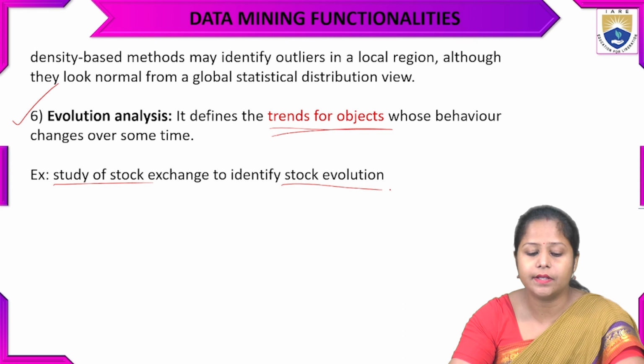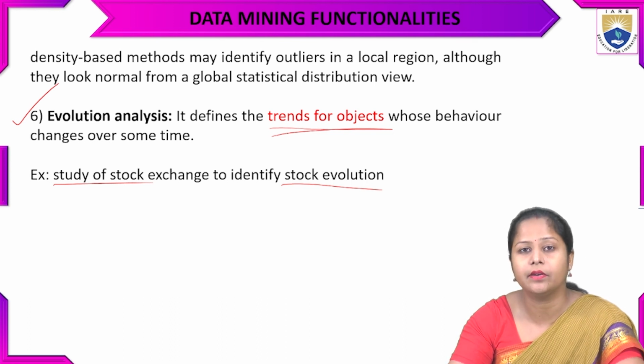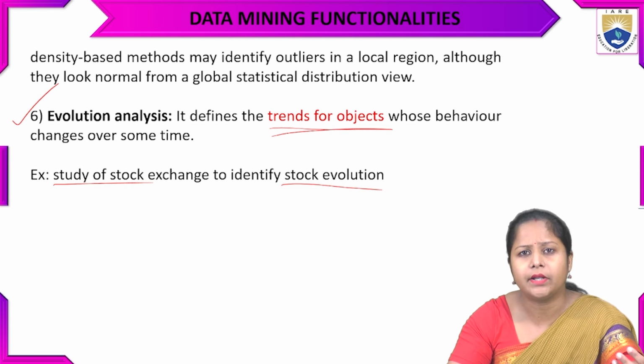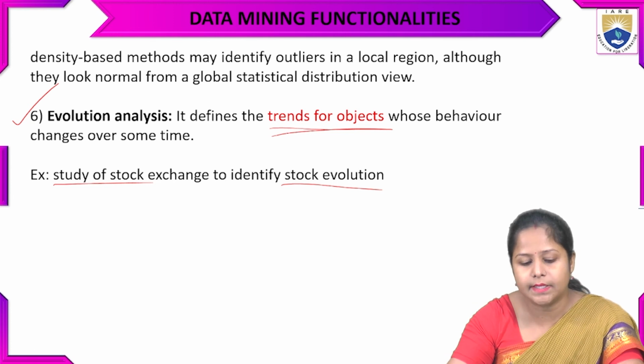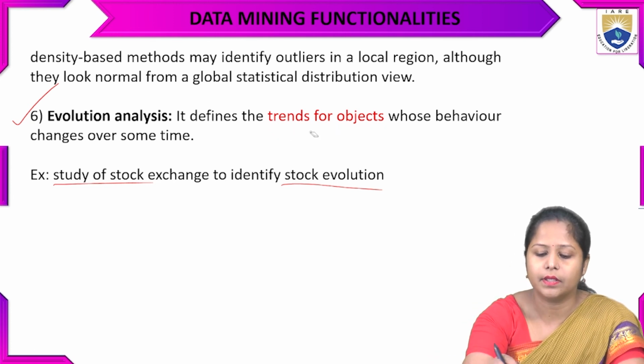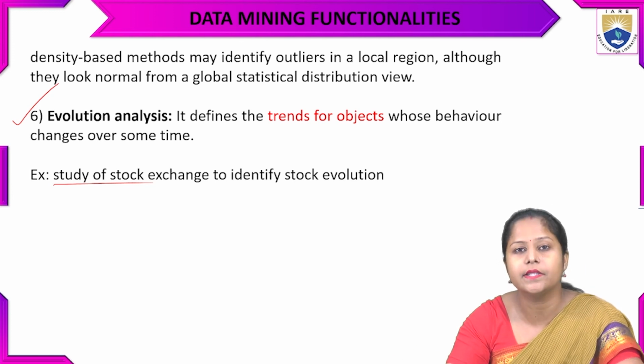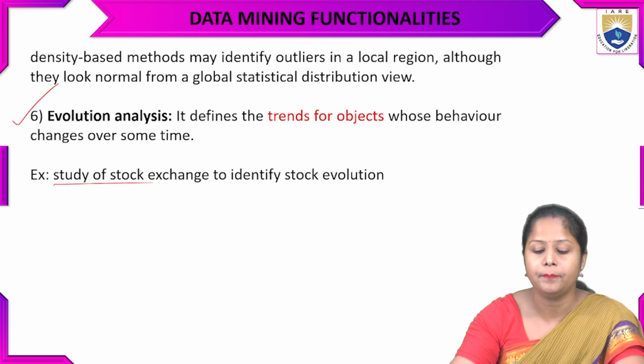As we know, the stock exchange works on the basis of time. So it is a matter of time. The stock will be up and the stock will be down, and in fractions of seconds the stock goes down and up. On the basis of this behavior, through evolution analysis, we need to identify the trend.